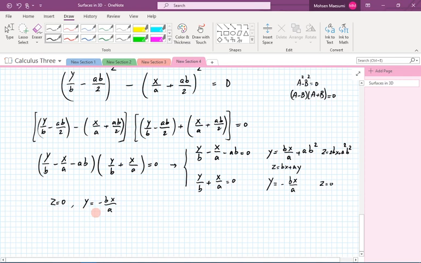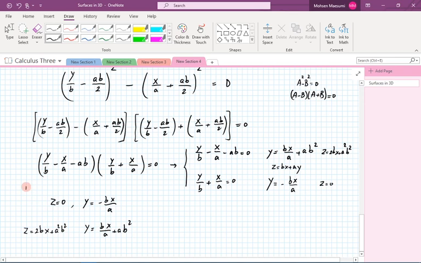This is one intersection, and the other one is y equal to bx over a plus ab squared, and the z is 2bx plus a squared b squared.